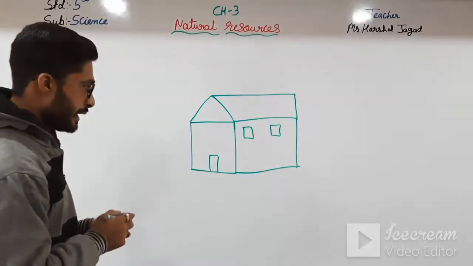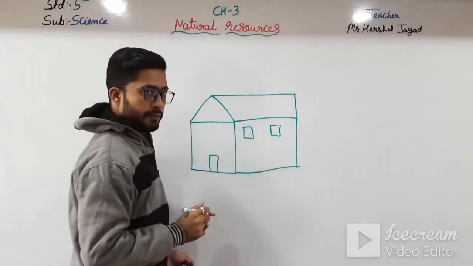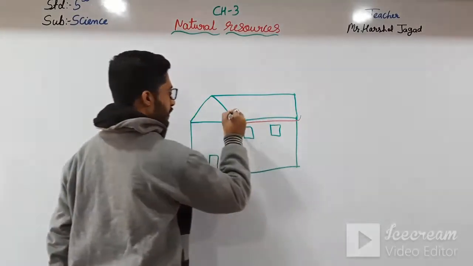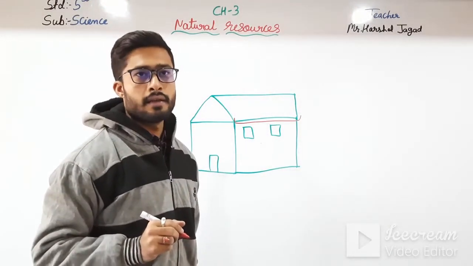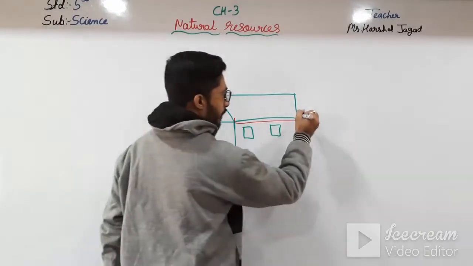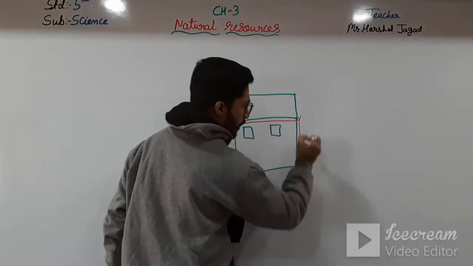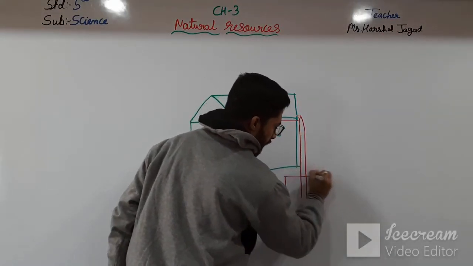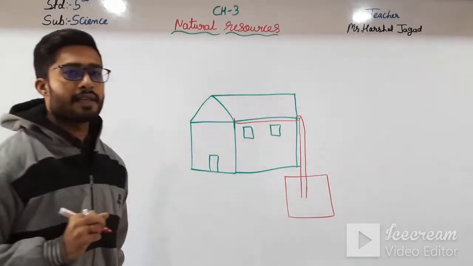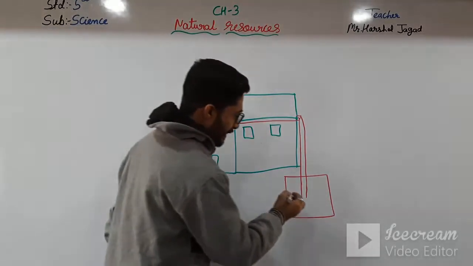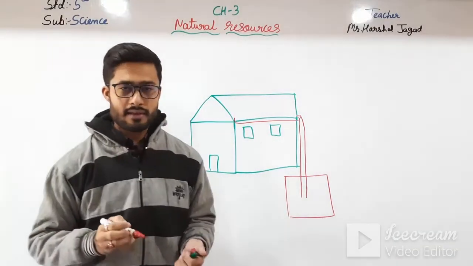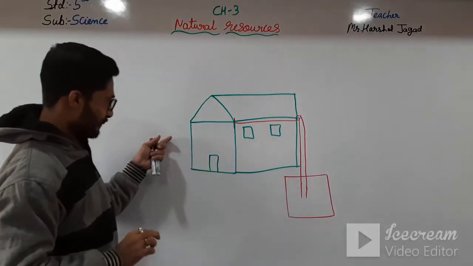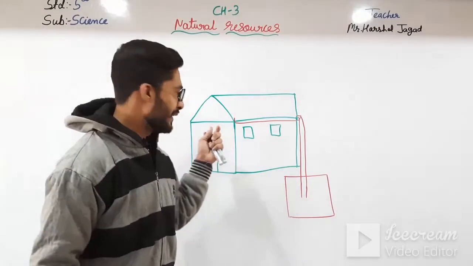Now, when the rain comes, if we put a pipe-like structure on the four sides of the terrace, then what will happen? We will take a pipe from here to the ground, to the underground tank. The water goes to the underground tank, and this will secure the water, and it will be saved and used further.